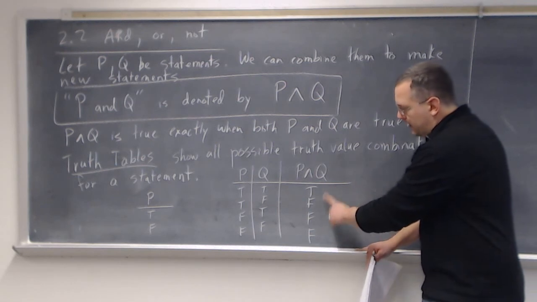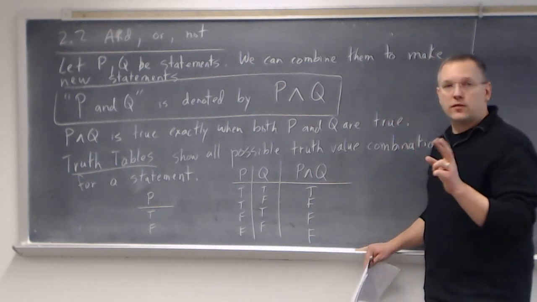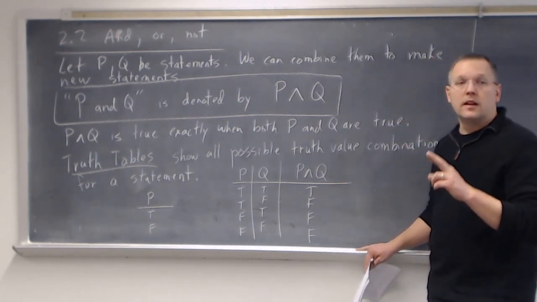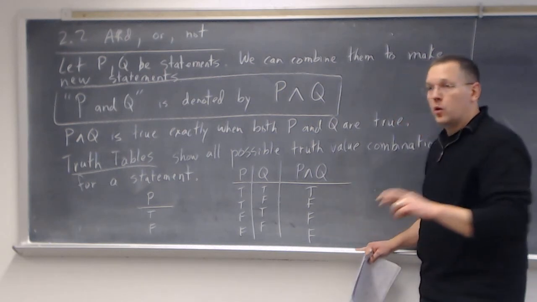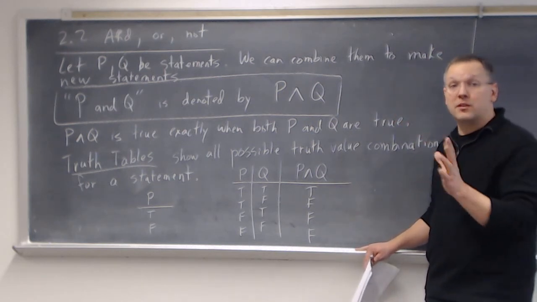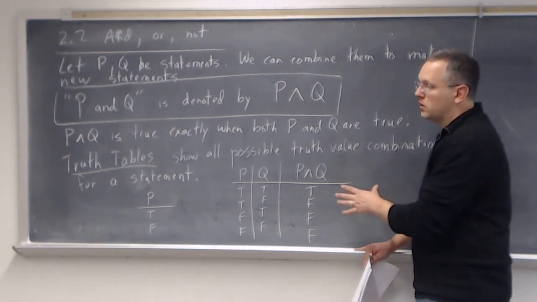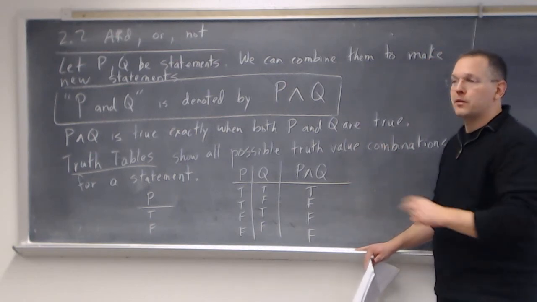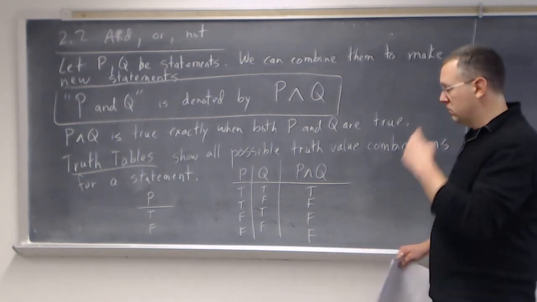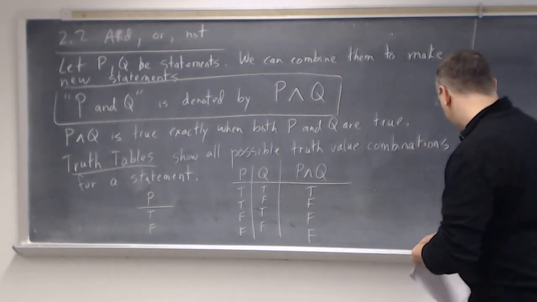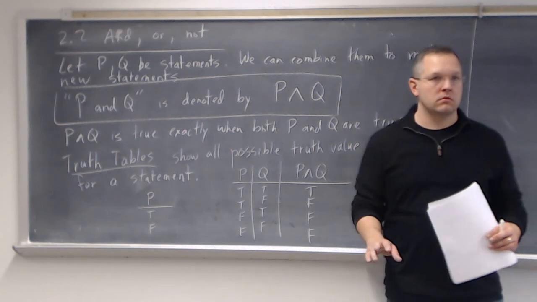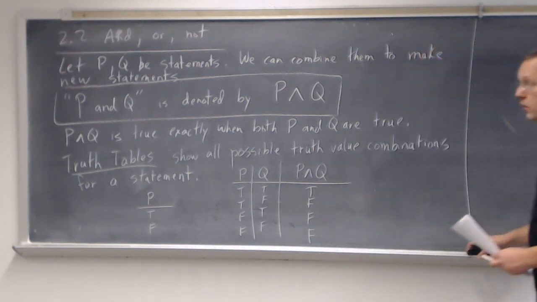What we're going to look at is the truth tables for two statements. If their truth tables are the same, we'll agree that those statements mean the same exact thing. They're equivalent. So we will use truth tables to prove that two statements mean the same thing. Any questions so far? Okay, we're going to do the same thing.